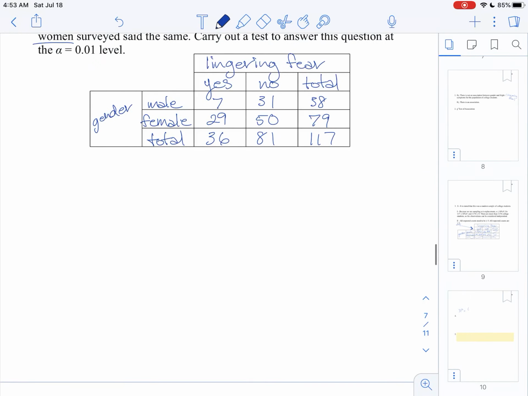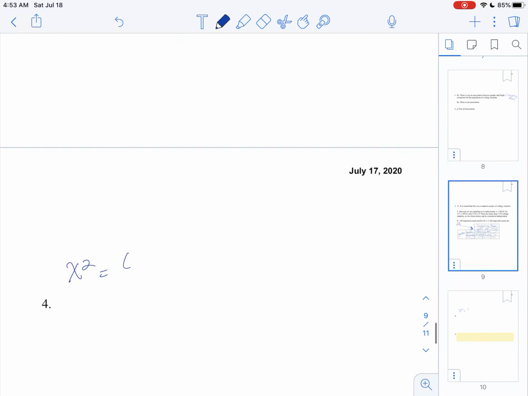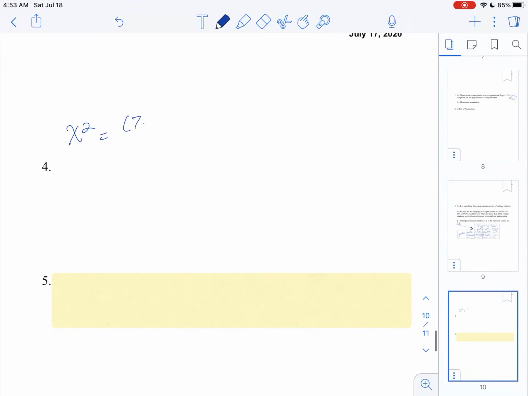I'm not going to mix them up this time. Okay, 7 minus our expected 11.692 quantity squared over 11.692 plus, oops, I can't do an ellipsis yet. I need to write my second one down.